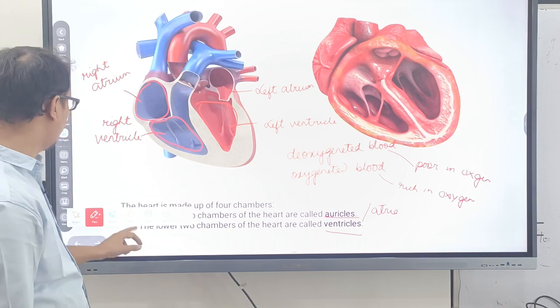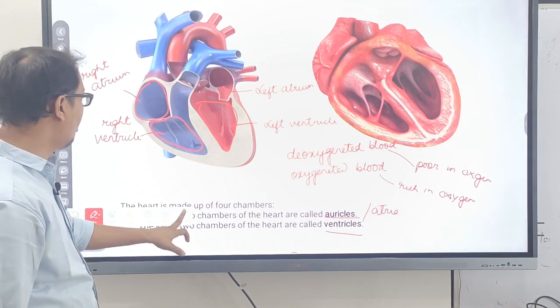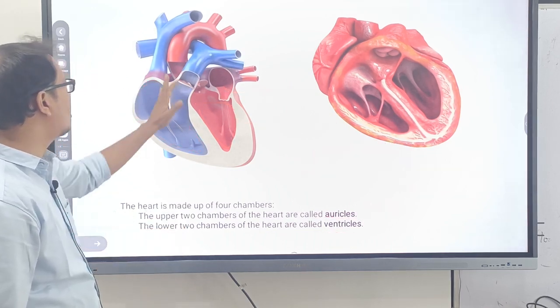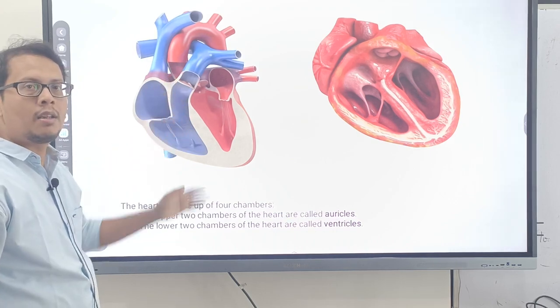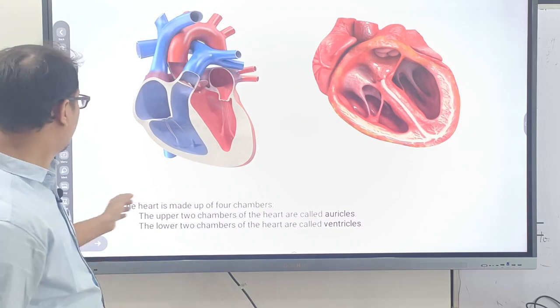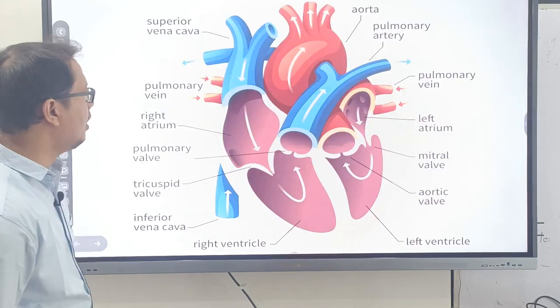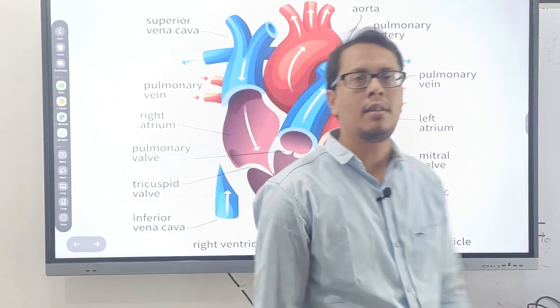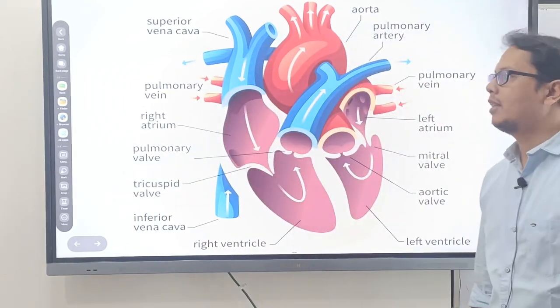Till now we have discussed that the heart consists of only 4 chambers, the atriums and the ventricles. In the next slide, we'll discuss in detail the functioning of a human heart.